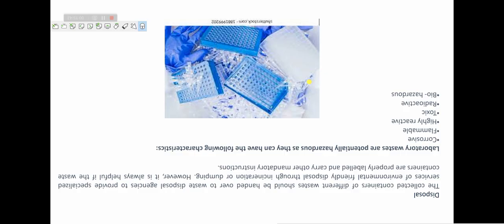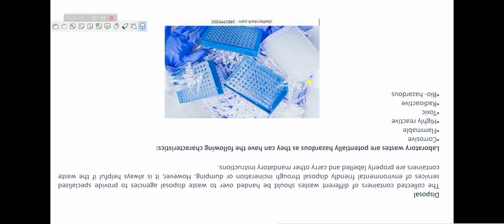Here, laboratory wastes are potentially hazardous as they can have the following characteristics. Hazardous means unsafe and harmful for the environment. As I told you in the previous slide also, they have a corrosive nature, they are flammable, highly reactive, and toxic.